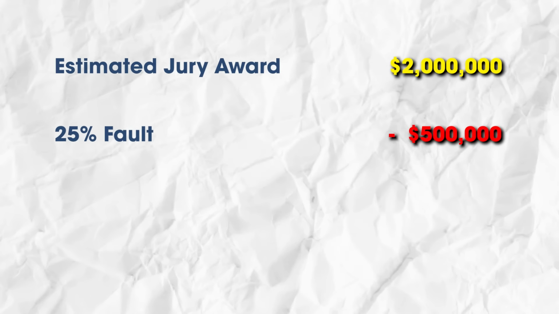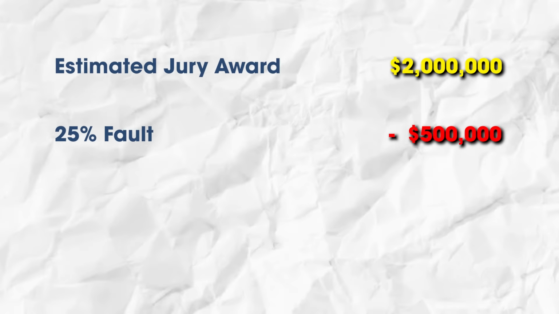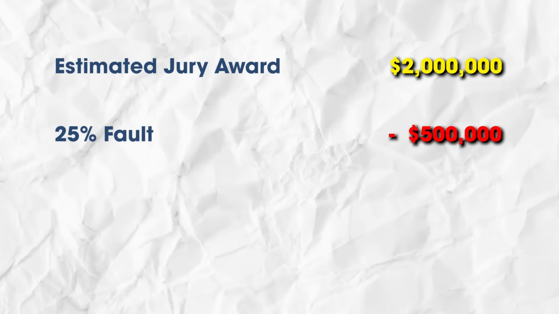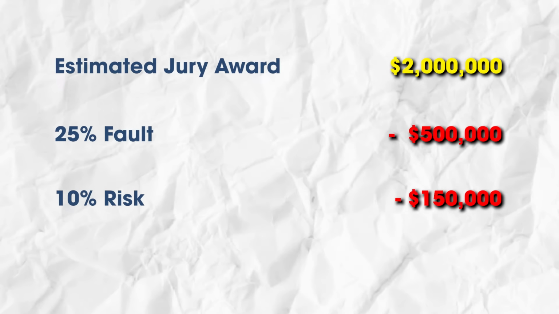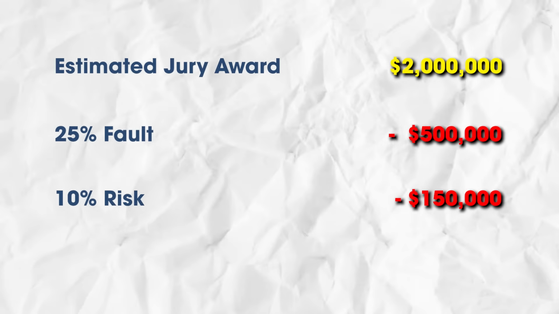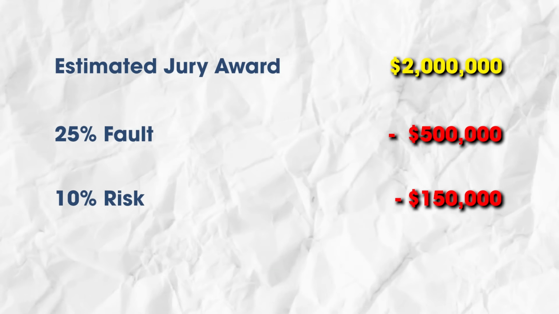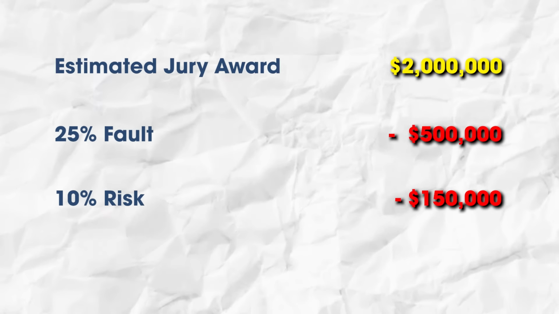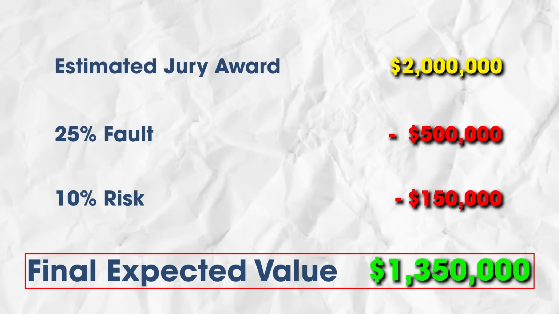So the likely net award from a jury is $1.5 million. But we still have that 10% risk of losing altogether. So we'll discount the $1.5 million net award by that 10% risk. And that gives us a final expected value of $1,350,000.